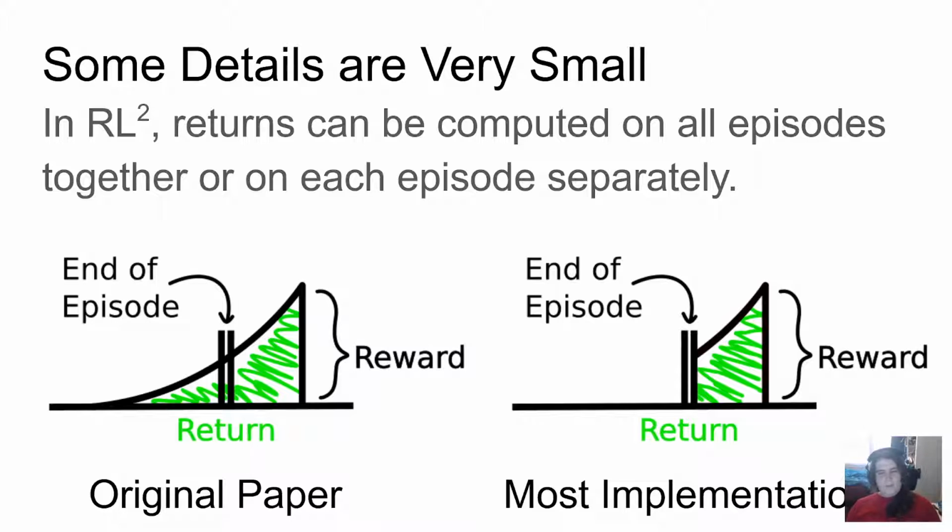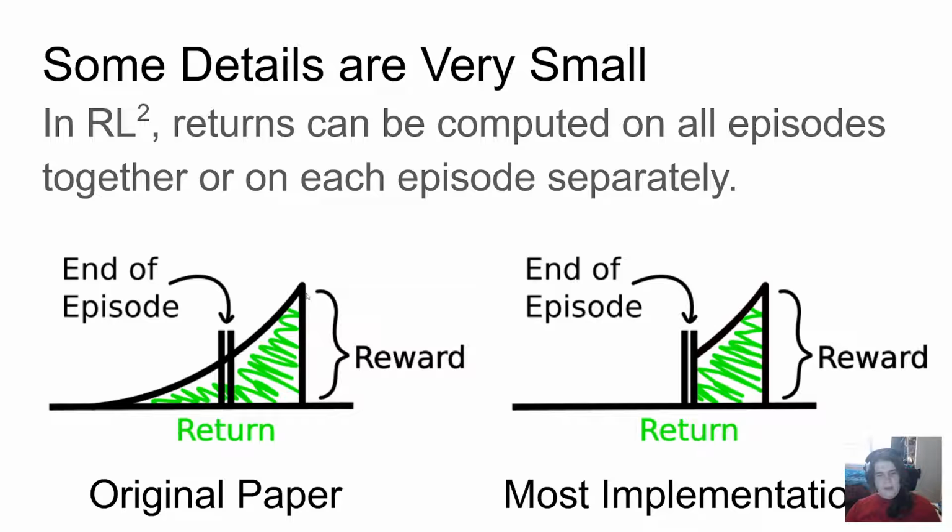In this setting, there are two slightly different options for how to compute the returns from the reward signal. One option, as described on the left here and in the original paper, is you first take all of the episodes, concatenate them together, and then compute returns.